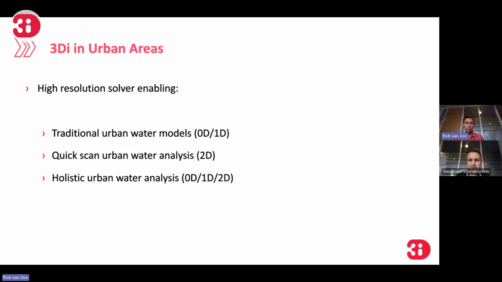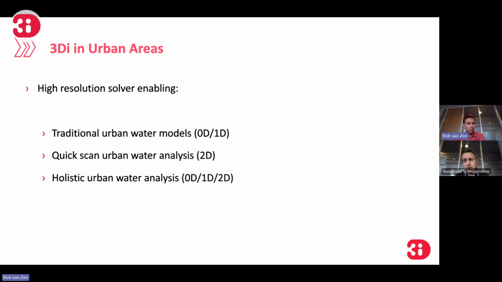You can also do a quick scan of an urban water analysis, where you take a digital elevation model, look at overland flow, and check where water might be accumulating. You can do that without any sewage system included. This might work well if you have a peak event and you're not interested in what happens afterwards.